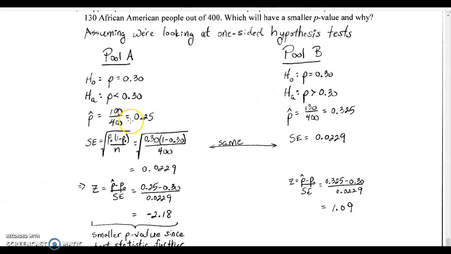We get p hat as 100 over 400, which is 0.25. We need our standard error, which is the square root of p naught times 1 minus p naught over n. p naught is 0.3, and n is the sample size of 400. Here's your standard error, 0.0229. Your test statistic z is p hat minus p naught divided by that standard error. So 0.25 minus 0.30 divided by 0.0229 gives you a z-score of minus 2.18.